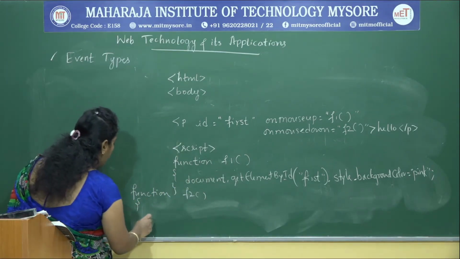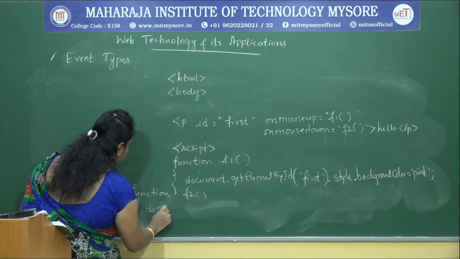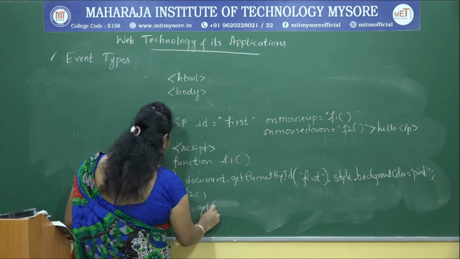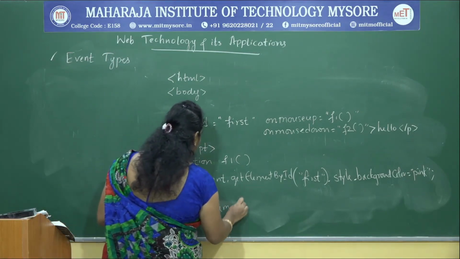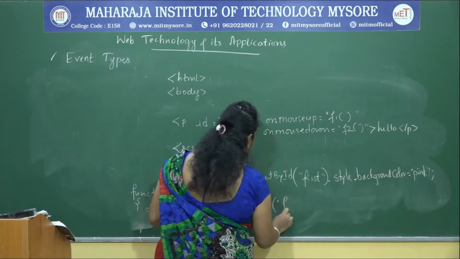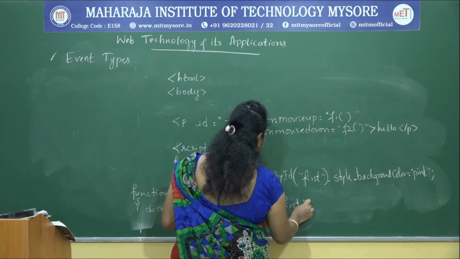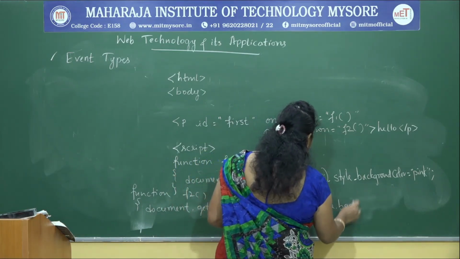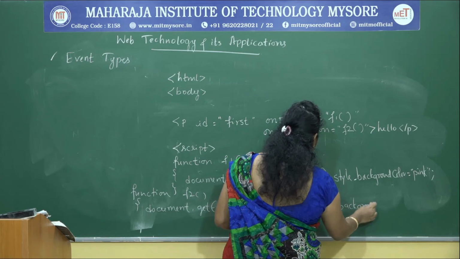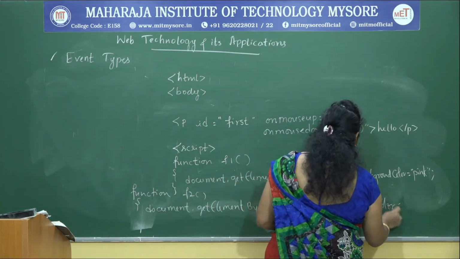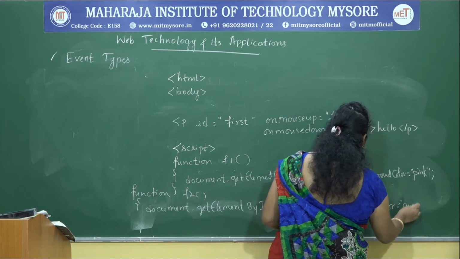Function 2: same thing again, document dot getElementById first, then style background color equals, I am setting it to green.